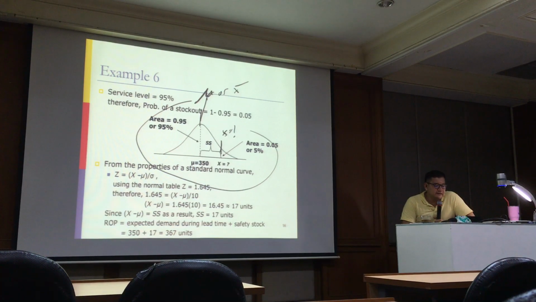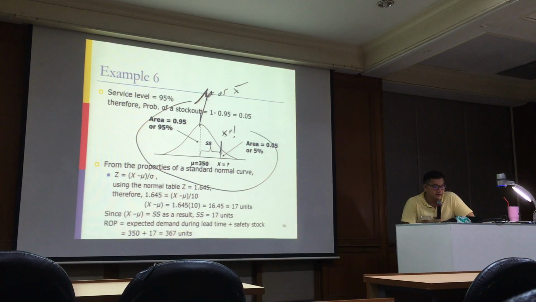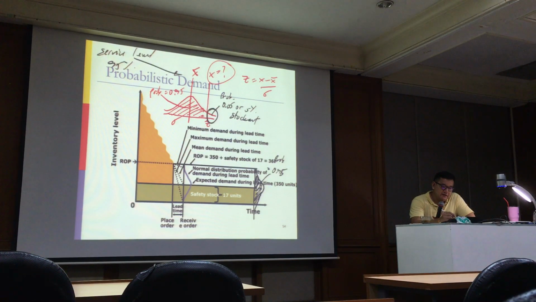The difference between x and mu, or x and the mean, is going to be the safety stock. In this figure, this is going to be the safety stock.